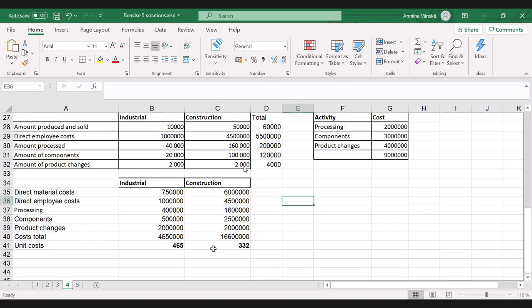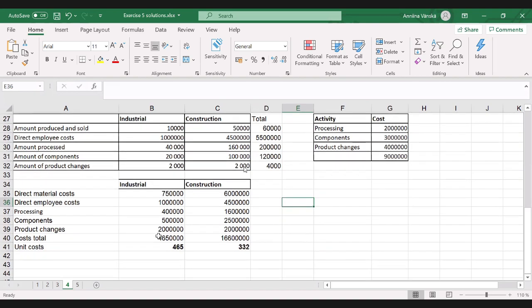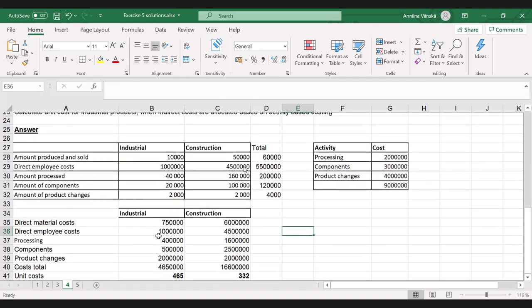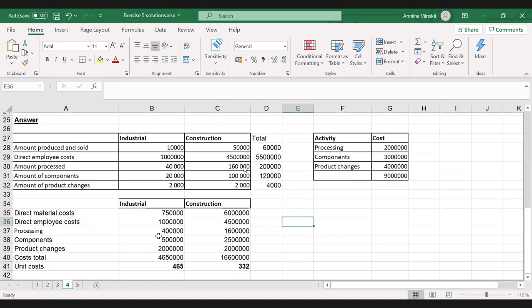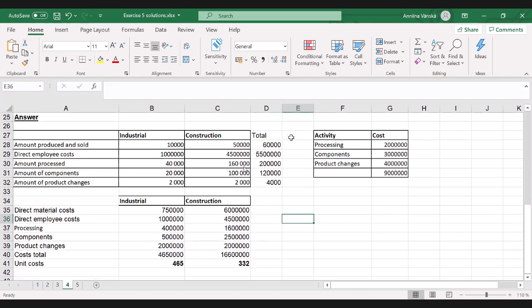Is there a certain specific part of the answer that you would like us to go through together again? If not, then I think we'll continue with today's topic, pricing.